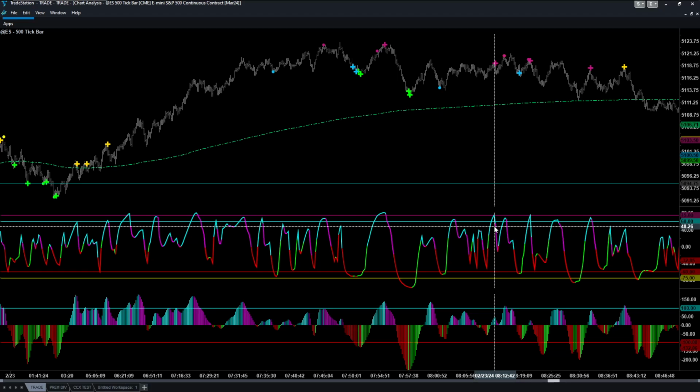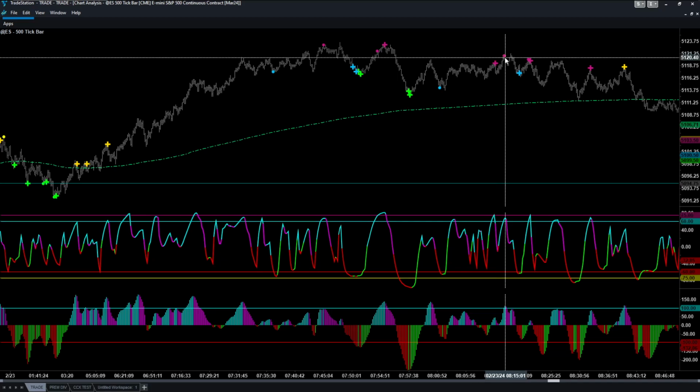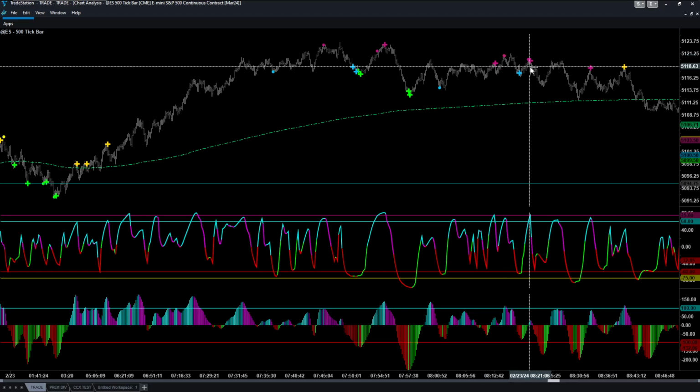Lower high here, higher high here. On the next pivot, which turns out to be higher in this case, that's corresponding to this breach here and this pivot here. Higher high on the indicator, but a lower high on the ES.